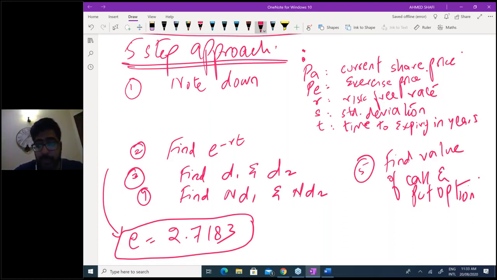Okay. Now, after step 1 and 2, things are a bit complicated as far as formulas are concerned. PA, PE, S, T, they are given in the question. Exponential value minus RT, we found that as well. Now step 3, 4, 5: how to find D1, D2, the distribution values.